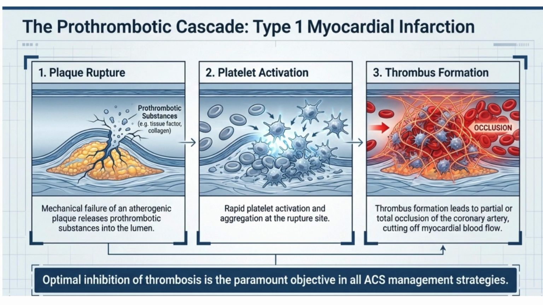We use antiplatelets like aspirin and P2Y12 inhibitors to halt step 2, platelet activation, and we use anticoagulants like heparin or enoxaparin to put the brakes on step 3, thrombus formation. Optimal inhibition of thrombosis is the absolute paramount objective of all ACS management.